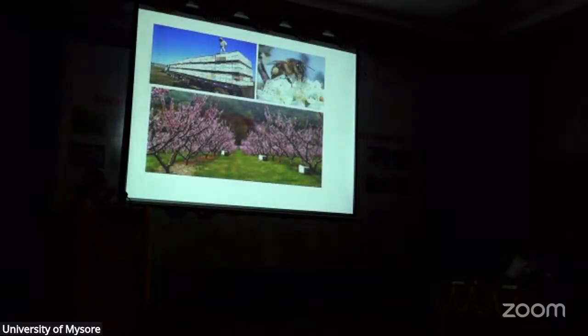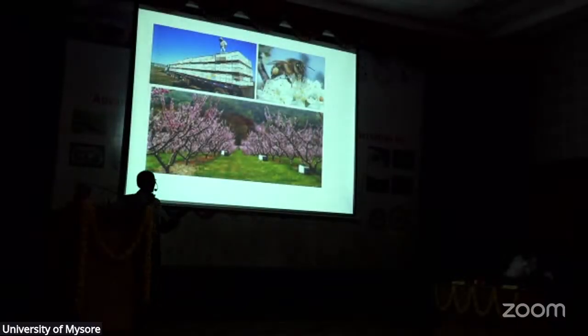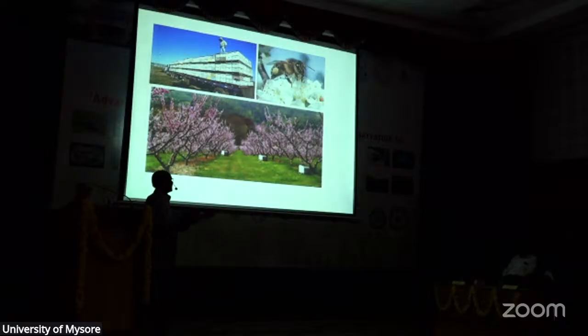Now, almond is one of the very important crops which needs these rented honeybees. Almond is mainly grown in California. In fact, California produces 80% of the world's almond production.